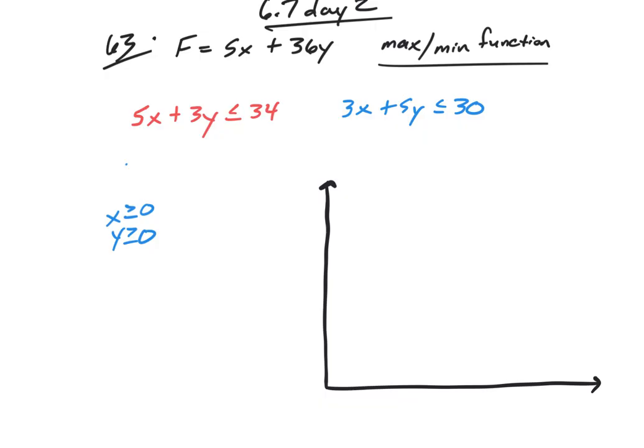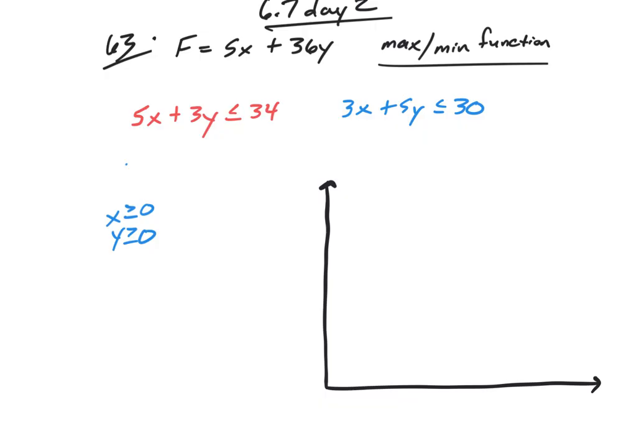That is a vertical line shaded to the right. Y greater than or equal to 0 would be a horizontal line shaded above, okay? So it's basically to the right of the y-axis, above the x-axis, so that we're now in the first quadrant. This whole area with these two inequalities would be shaded.